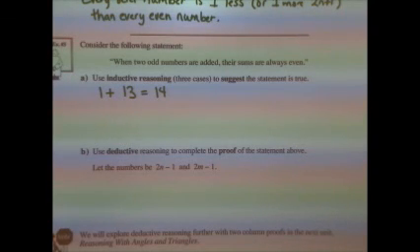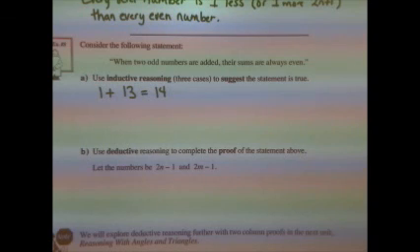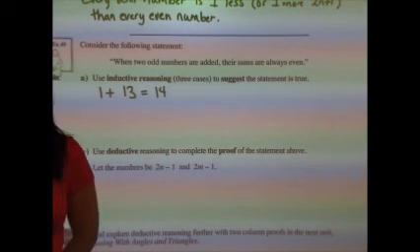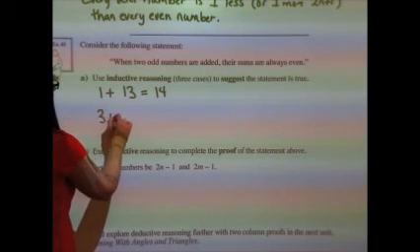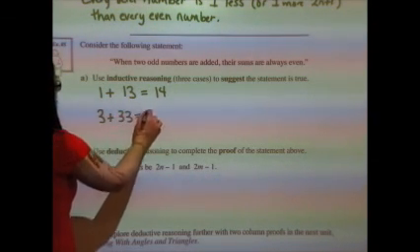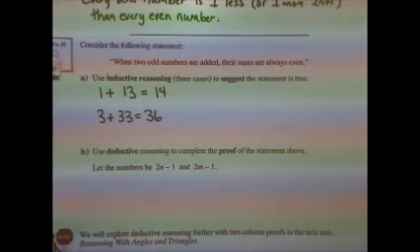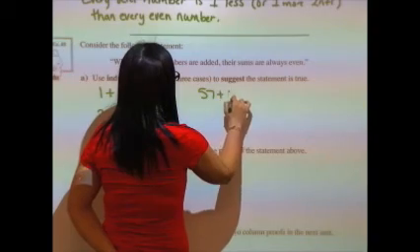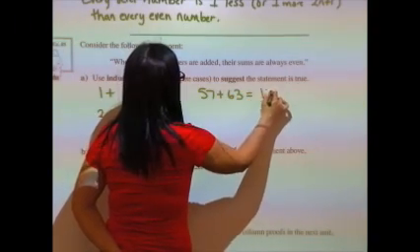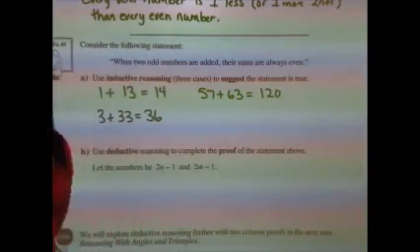So I want you to press pause, and I want you to pick 2 more. I went 3 plus 33, I get 36. If I pick 57 and 63, I get 120.